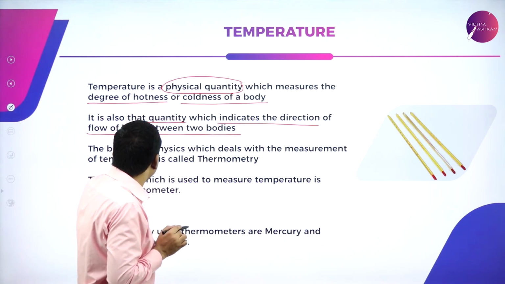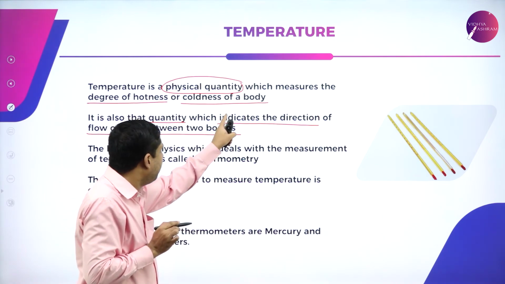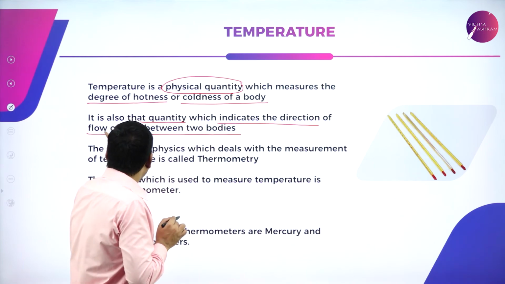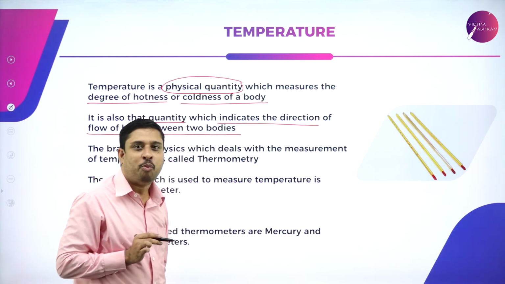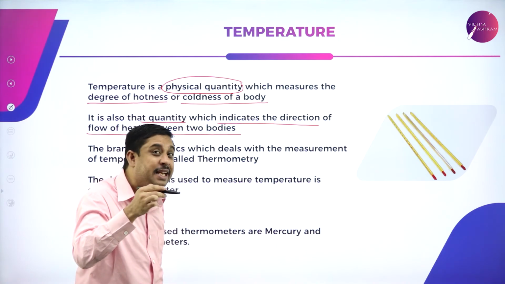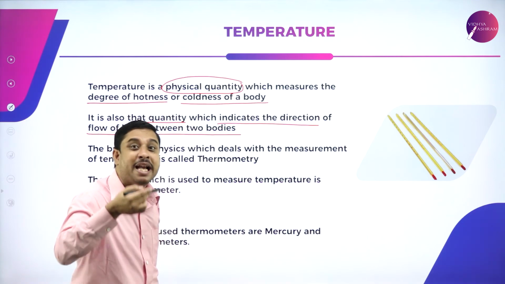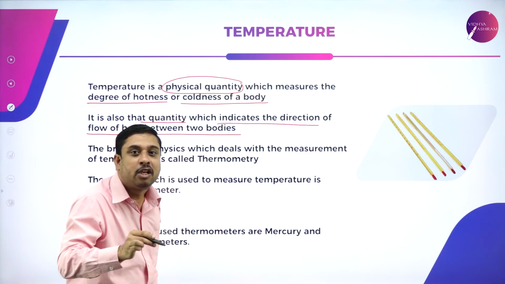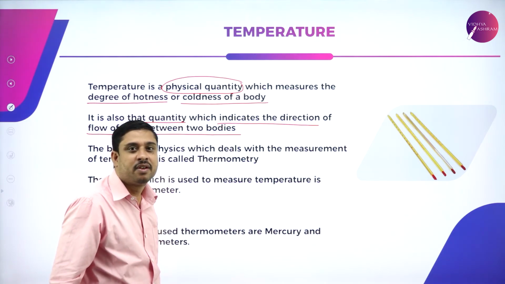It is also that quantity which indicates the direction of flow of heat between two bodies. See, there are many definitions of temperature, something obtained from the 0th law of thermodynamics, and Kelvin and Clausius's interpretation of thermodynamics.